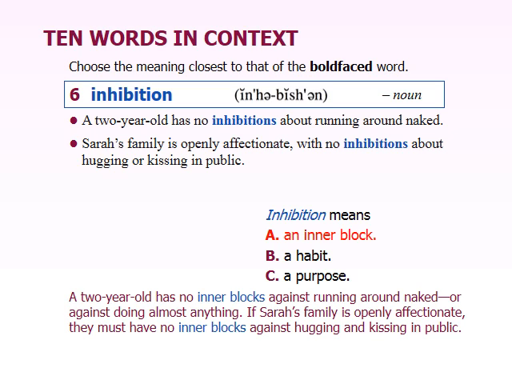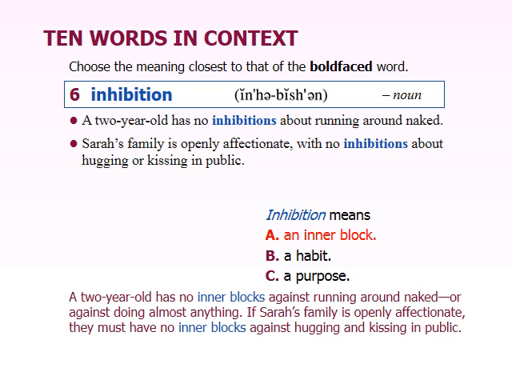When you inhibit something, it may be that you completely block it, but not necessarily. So basically, what an inhibition means is something internal in yourself that will keep you from doing something. Now that something could be a negative thing, like running around naked, or it could be not a negative thing.